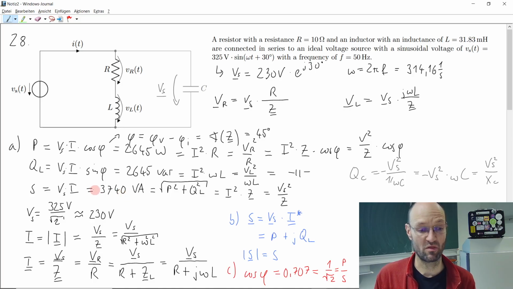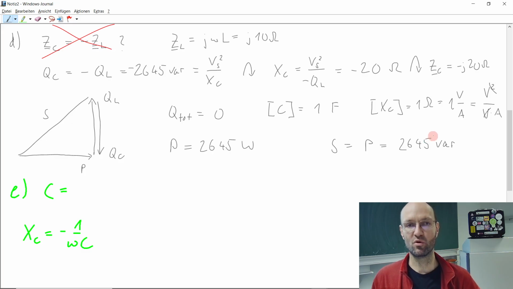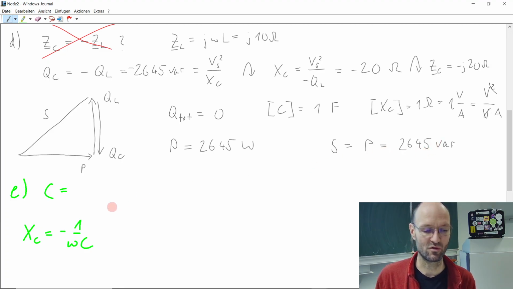Before we had 3700 something, and now with the power factor correction or compensation, we just have 2600. And so we have less burden on all the cables, on all the transformers and all stuff in our power system, which is very nice. Yeah? So this is the effect of the compensation.